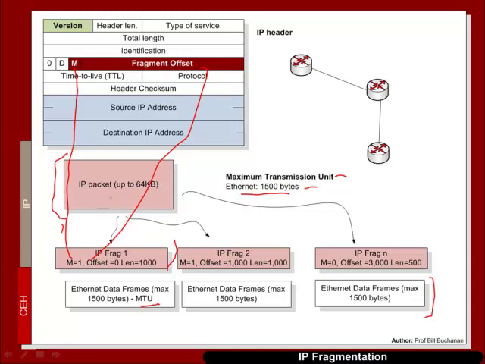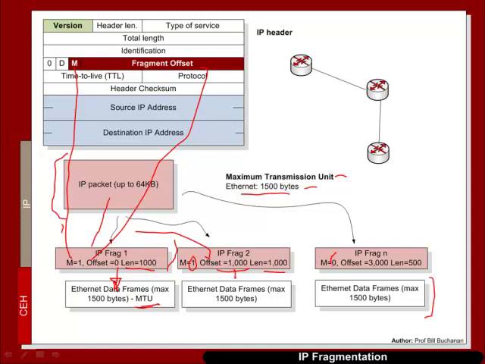So in this case, our IP packet is being fragmented up. There's a length of 1000 bytes, which is then contained inside the Ethernet data frame. So it's below the MTU, so everything's fine. Then we have the next one, and there's the more flag. We have an offset of 1000. We have another length of 1000, and so on.